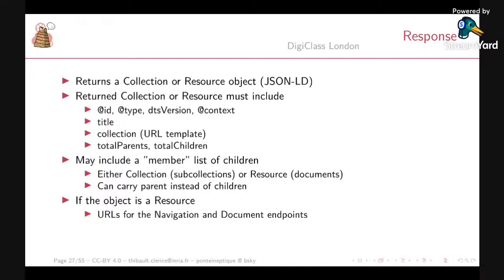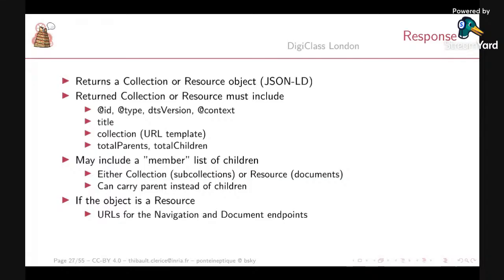And a collection is basically defined by an ID, a title, and the number of parents and children it has. That's the basic thing that you must have. All other things that you can see in must include are things more related to how you're going to navigate in the API.